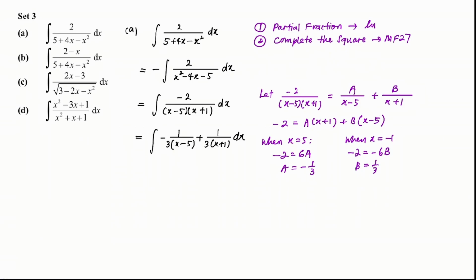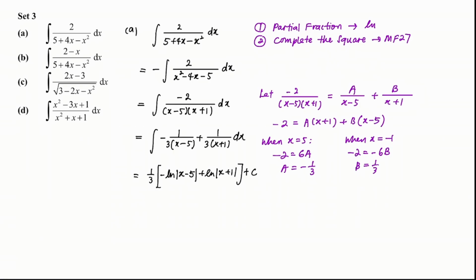Now we break the big fraction into two smaller fractions. Then let me bring out 1/3. Now we can integrate this to have negative ln of, and let's remember the modulus.